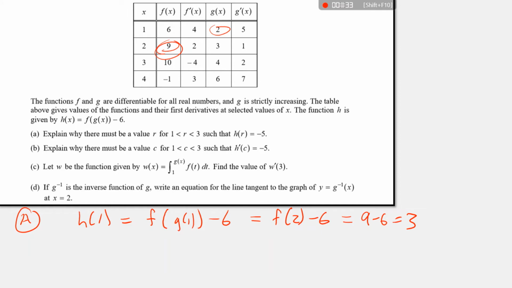Okay, are you good on the first step? Okay. Yeah. Okay, cool.